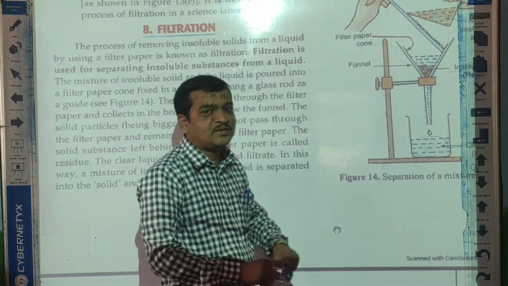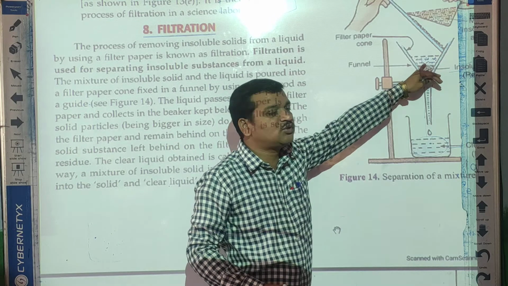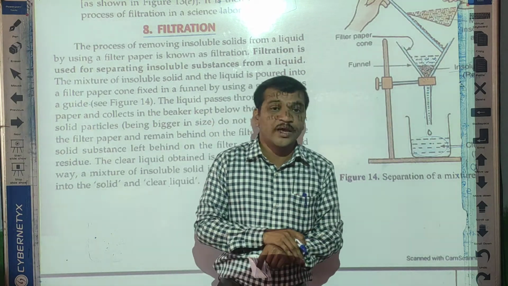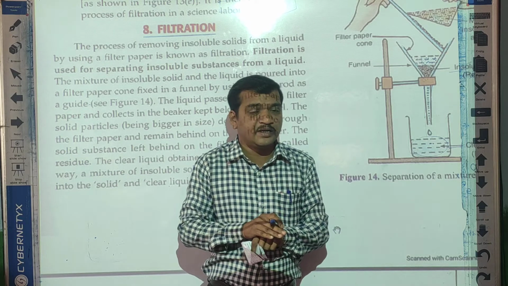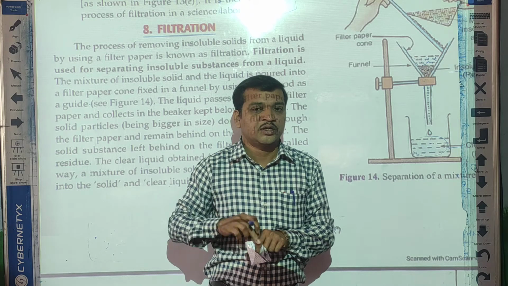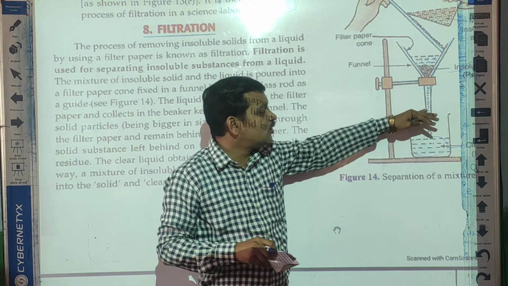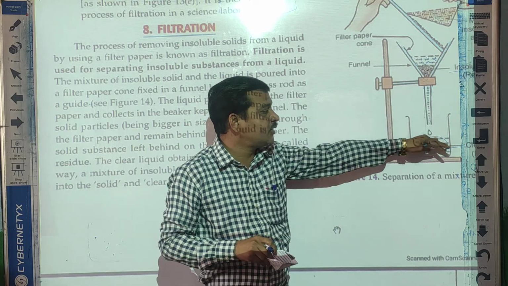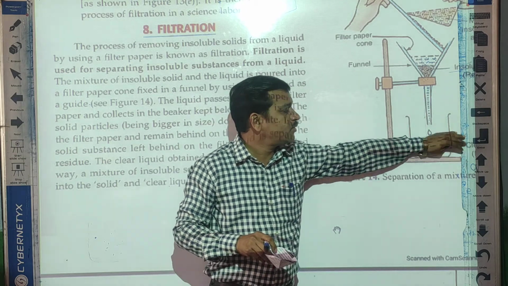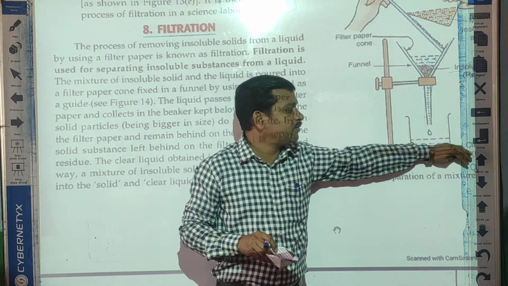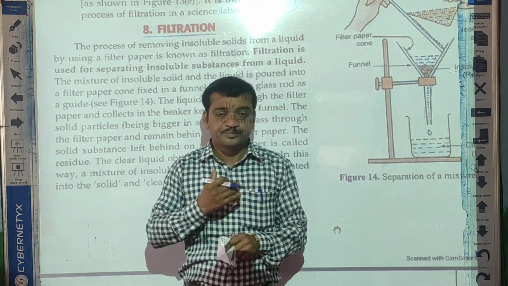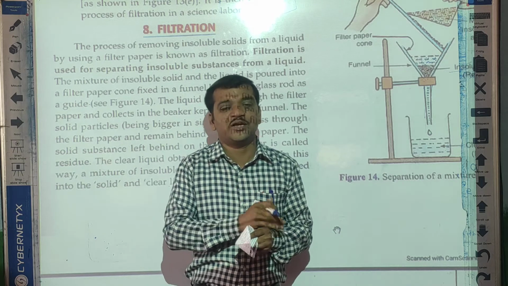So the filtrate is water and the residue is the chalk particles. In this way you can remove the chalk particles from a solution of chalk and water. Understood? You will get clear water. This is one method which is very useful to remove solid impurities.